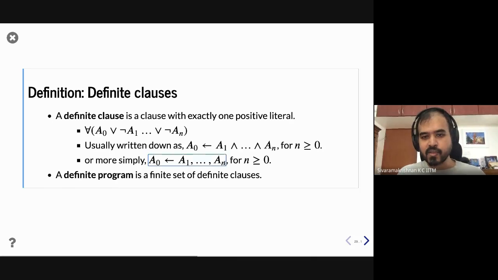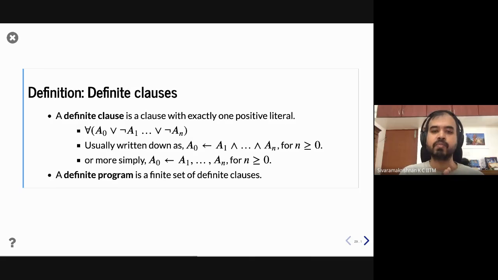Observe that this is getting close to what we had seen in the Prolog running example in the Prolog basics lecture, where we defined the ancestor relationship and so on. So we are getting somewhere here. Essentially, Prolog is nothing but a finite set of definite clauses. The set is finite, and each one is a definite clause, and that is a Prolog program.